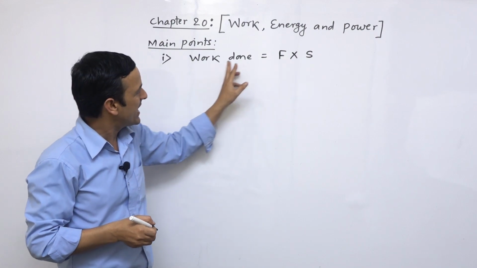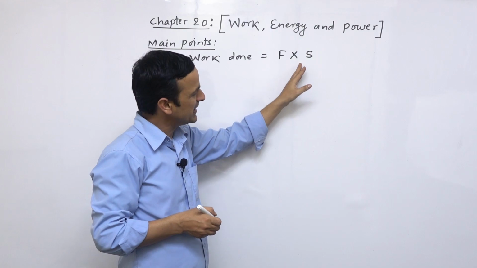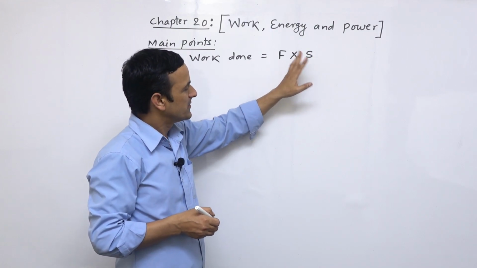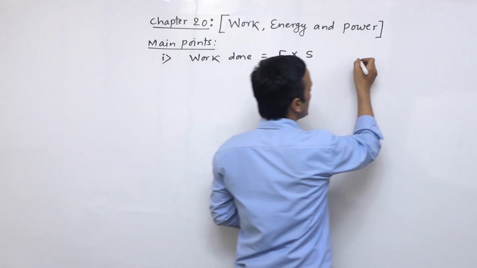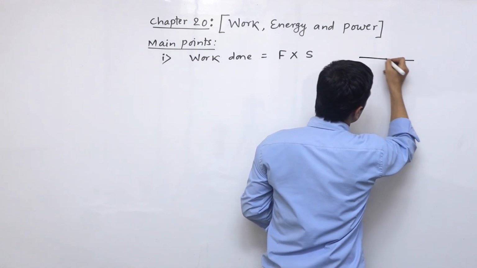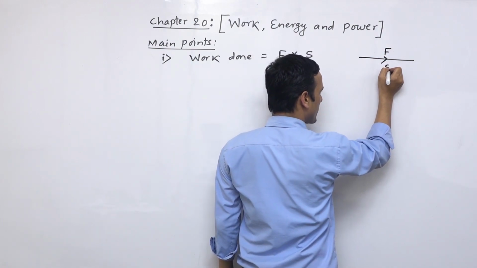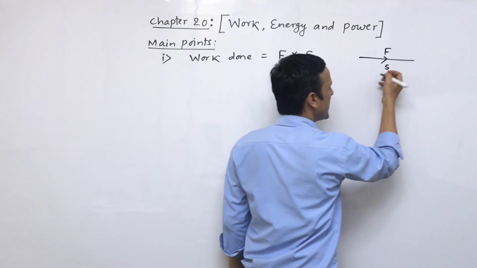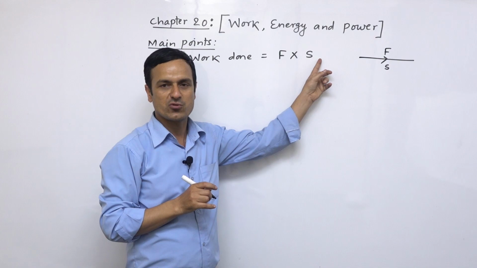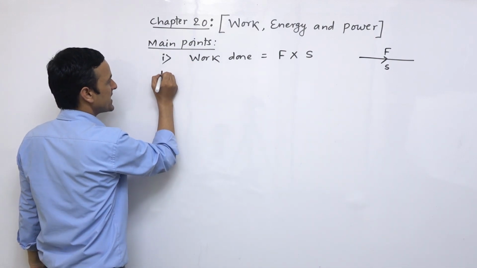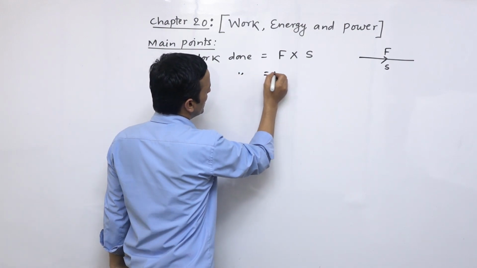So when actually work done is the product of force applied on the body and distance covered by body in the direction of force. If we apply a force on an object and it covers S distance, a displacement in the same direction as the applied force, then we can write down F into S.